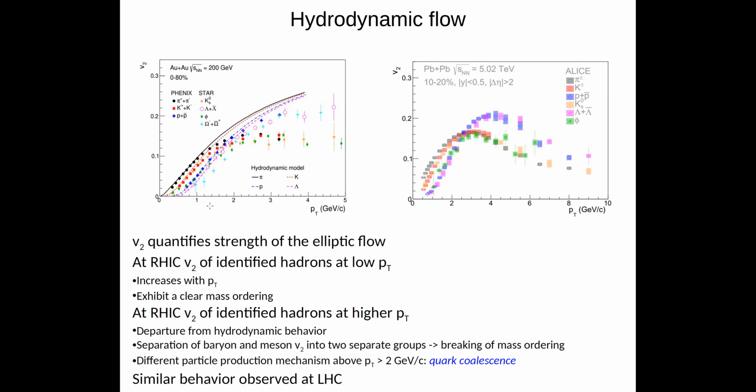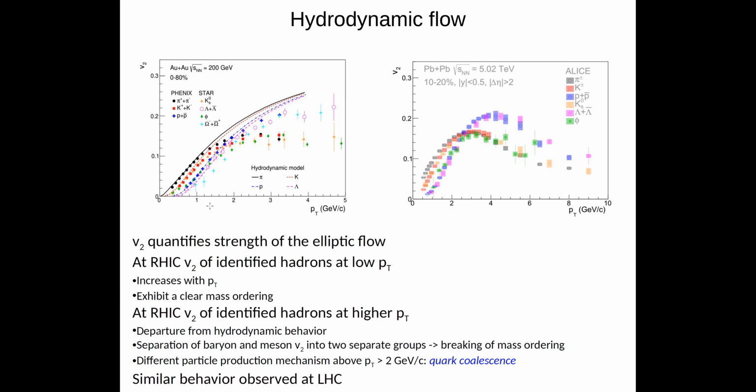The reason for breaking of this mass ordering is thought to be that the particle production mechanism at pT greater than 2 GeV is something else. This is not just a thermal production of particles, which is the case for a thermalized medium. The application of hydrodynamics is based on the assumption that the medium has achieved local thermal equilibrium.